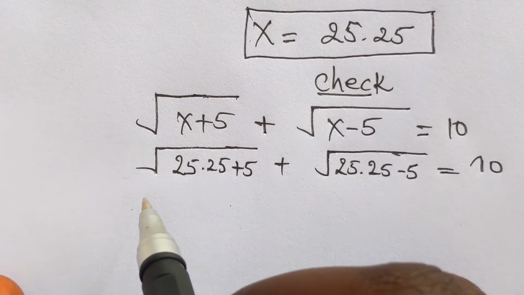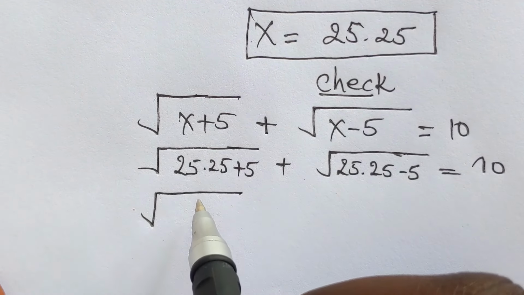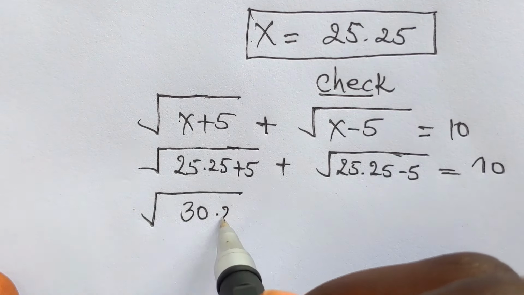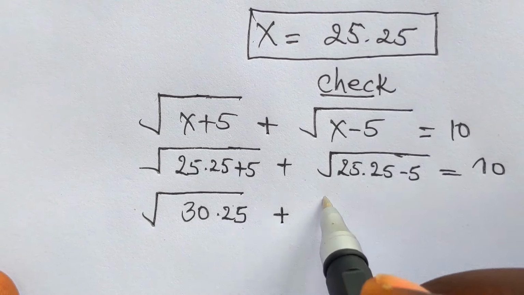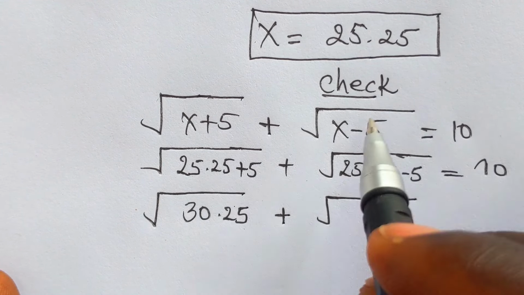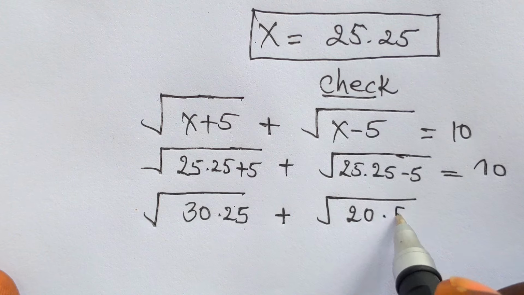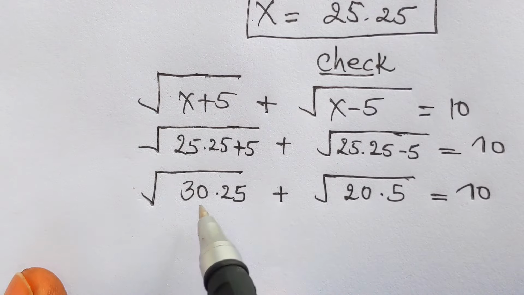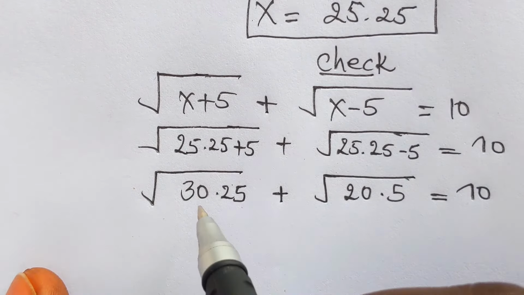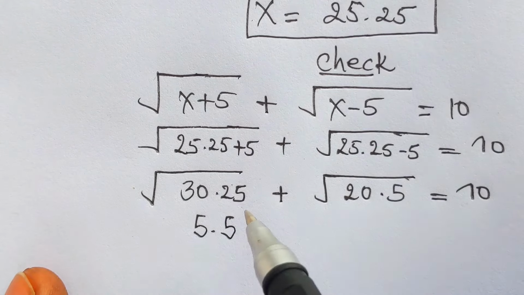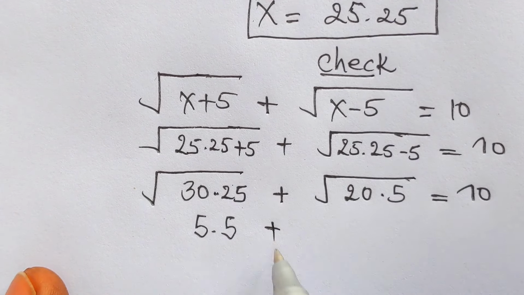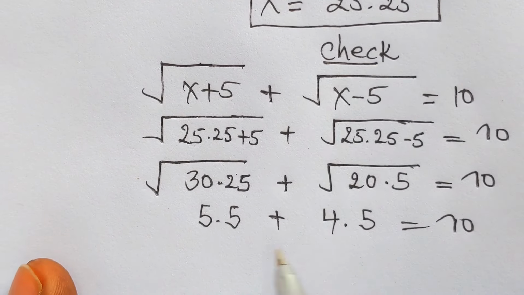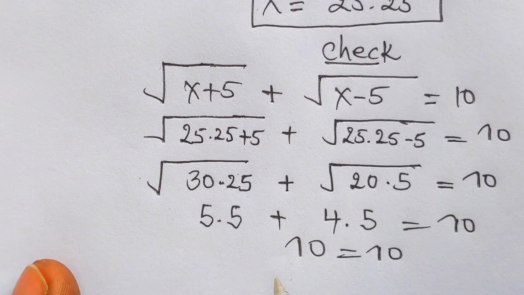So you should get square root of 30.25, plus, at this stage, square root of 20.25, which equals 10. The square root of 30.25 is equal to 5.5, then plus 4.5, which is equal to 10. Then here 10 is equal to 10.